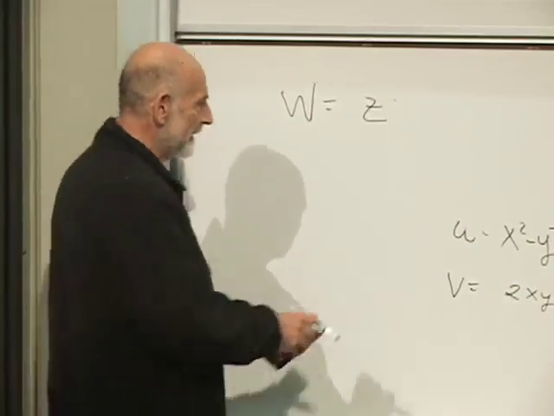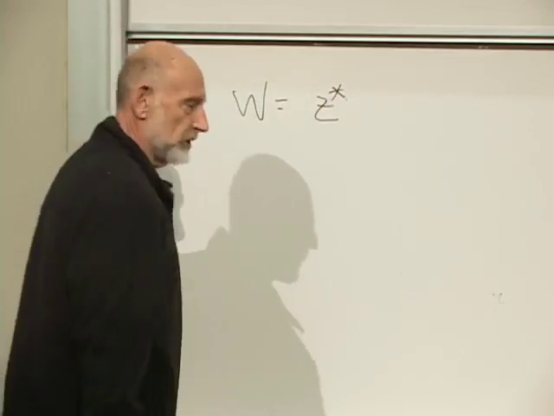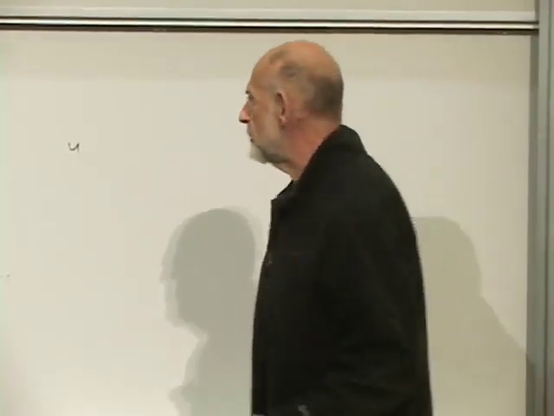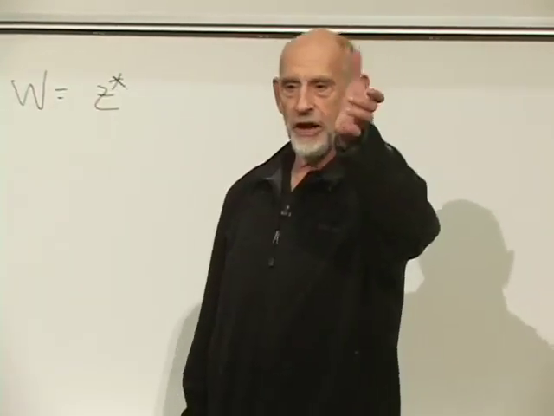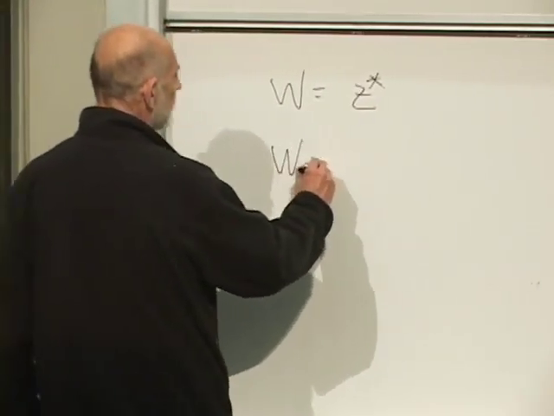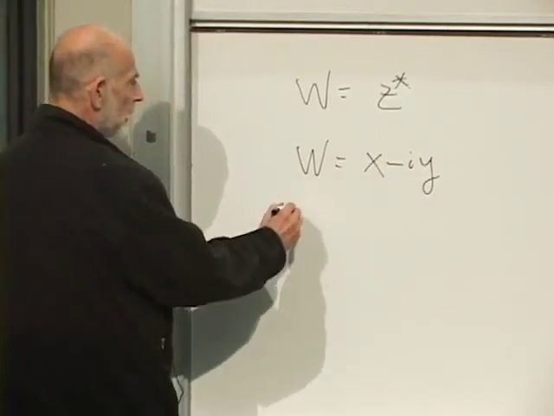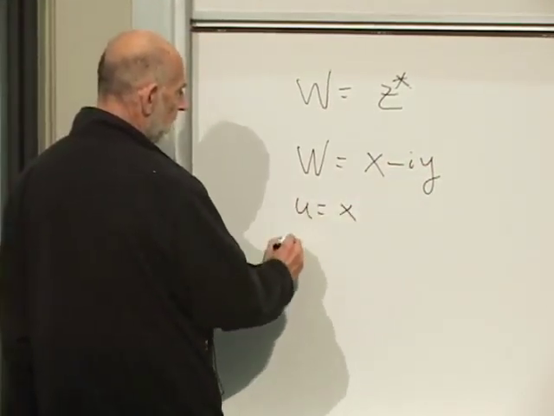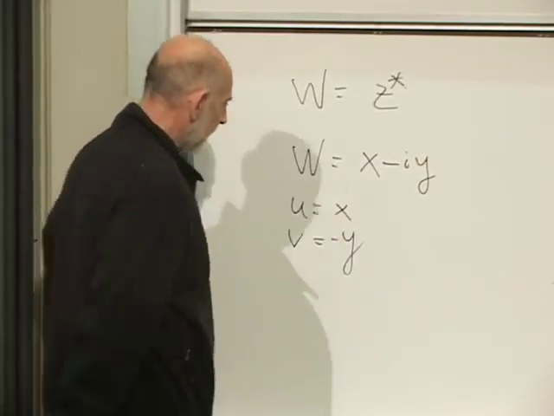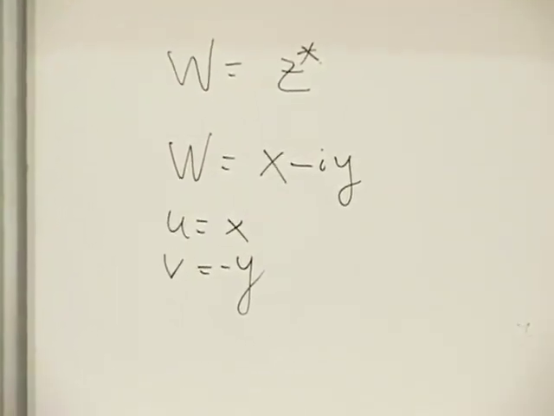But what about w equals the complex conjugate of z? Remember what a complex conjugate is? You reverse the sign of the i. This would say that w is equal to x minus iy, or u is equal to x, and v is equal to minus y. I will leave it to you to prove that the Cauchy-Riemann equations don't work.